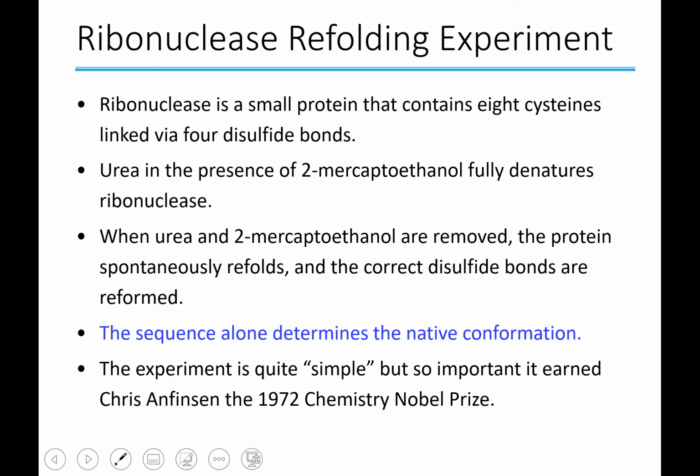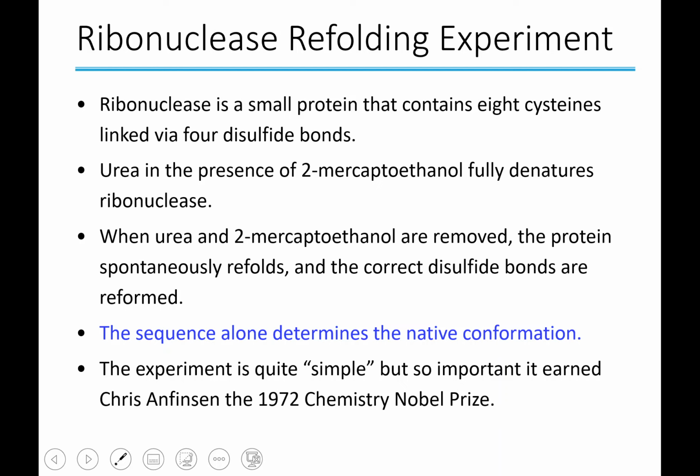The urea will break hydrogen bonds and salt bridges and denature the protein that way. But the beta-mercaptoethanol is used for breaking disulfide bonds. So you can denature the protein fully.